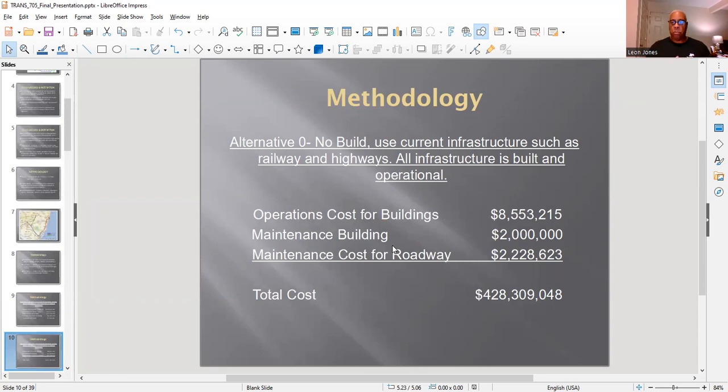Operations cost for buildings, maintenance building, maintenance cost for roadway. These are already existing, and that's going to cost 428 million.